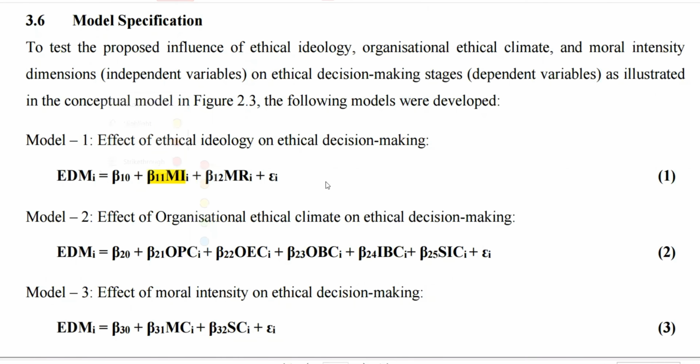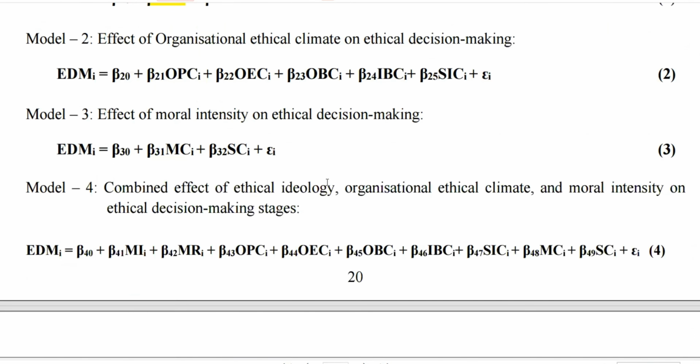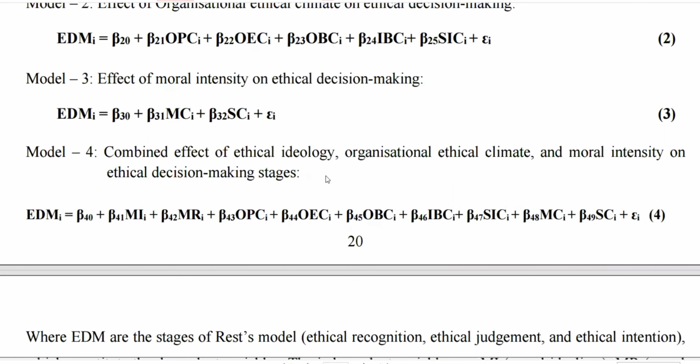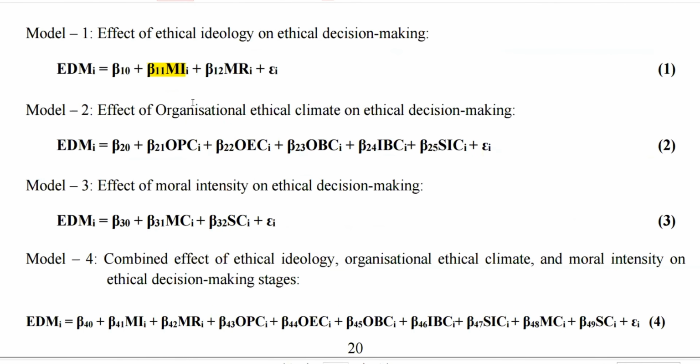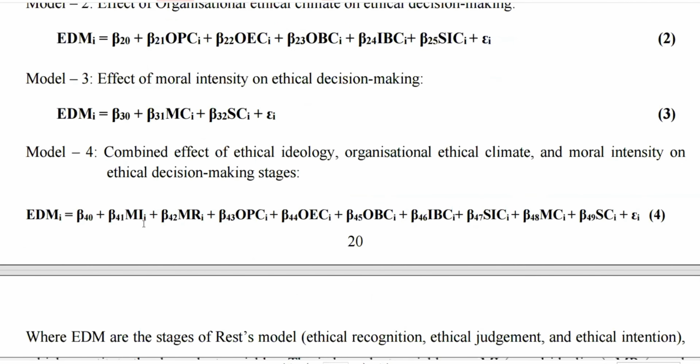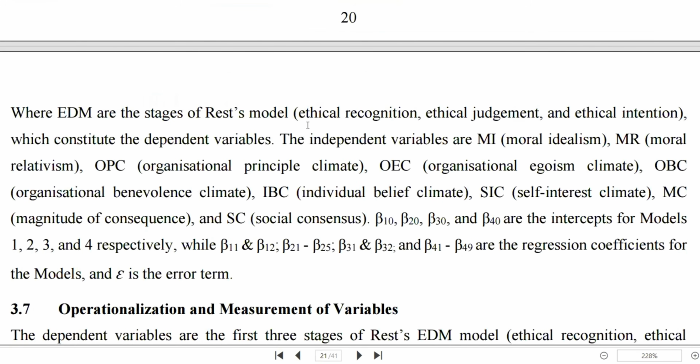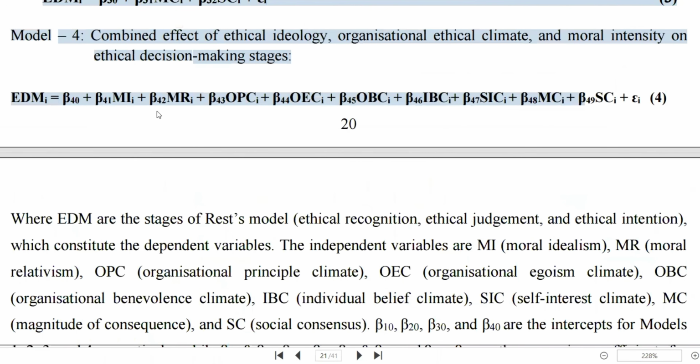You move forward. You don't need to write plenty of models like this. Each one is enough. Actually, this last model would have been enough. Therefore, you state what each of these letters means.